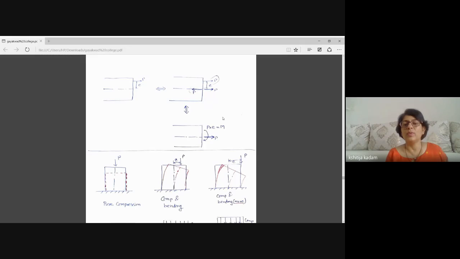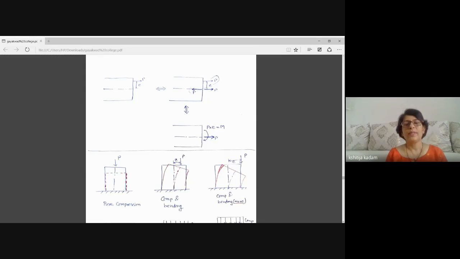So these two will make a couple with moment equal to P into e, and one rightward force on the centroid will remain as it is. So the given force is converted into the same force at some other location along with some moment.